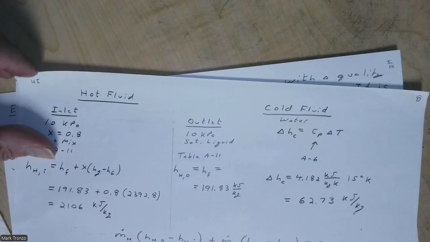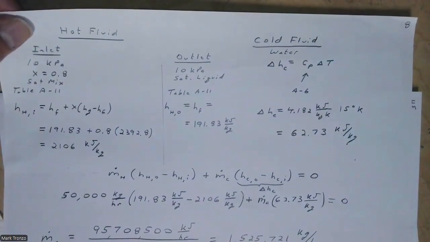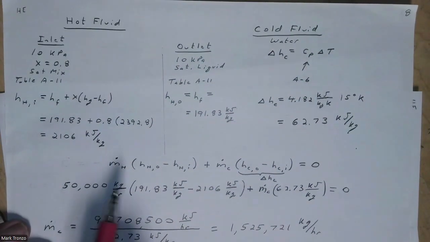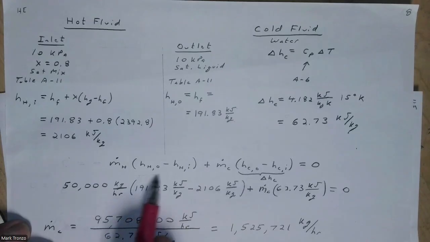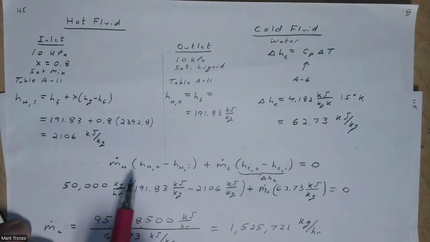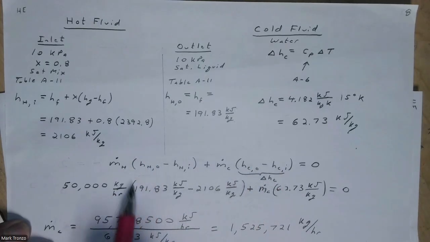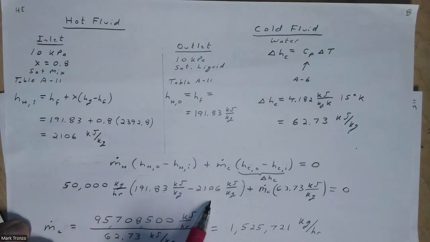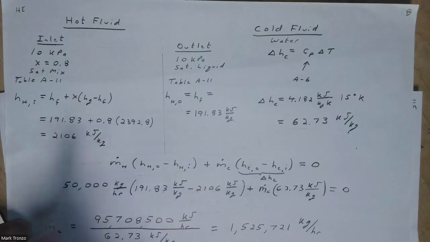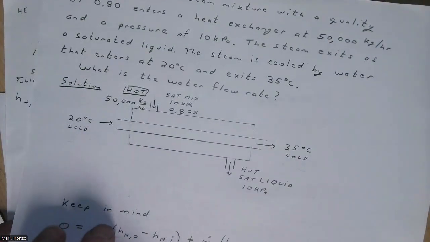Again, you can stop or slow down the video if I'm going too fast. And again, looking back at our equation, we can now substitute our values into this. Again, this is our hot fluid, our cold fluid. Again, over here, this h_co minus h_ci is this delta h_c. And so substitute our values up here, 181.83, 2106, times our hot fluid flow rate, 50,000 kilograms per hour.